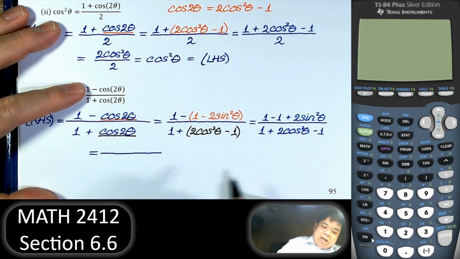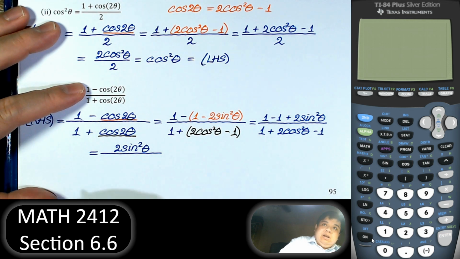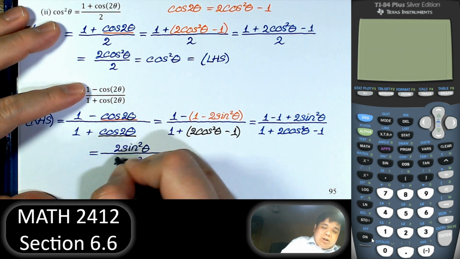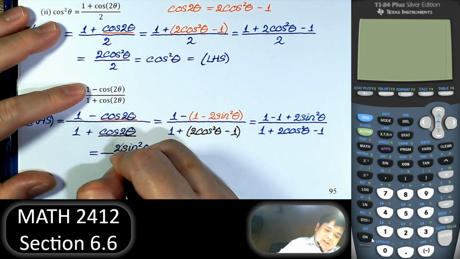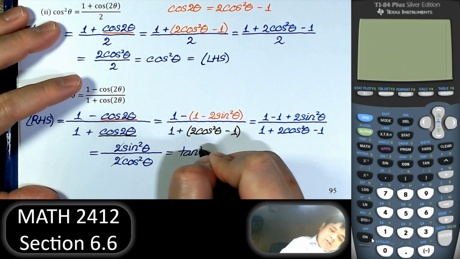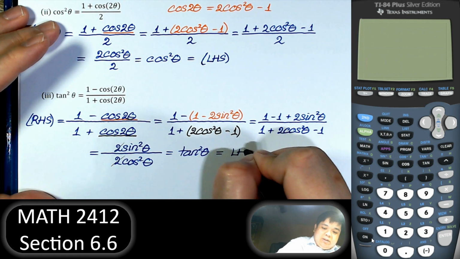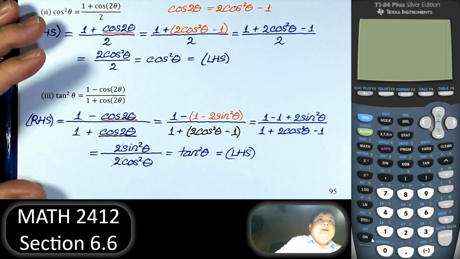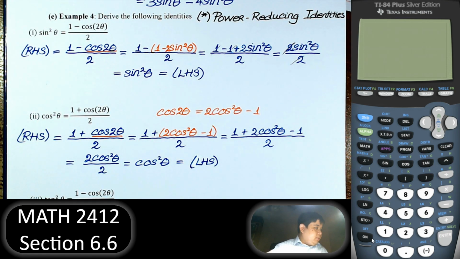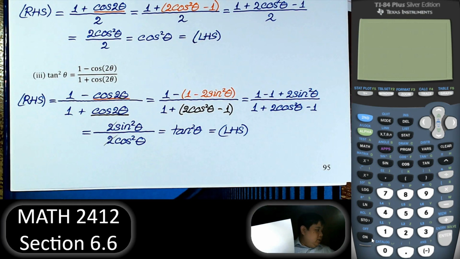Because 1 minus 1 cancel out, we have 2 sine square on the top and 2 cosine square at the bottom. The 2 and 2 cancel out. Sine square over cosine square is tangent square, which is what we have on the left hand side. We don't use this as often as the other two. So that is the power reducing.